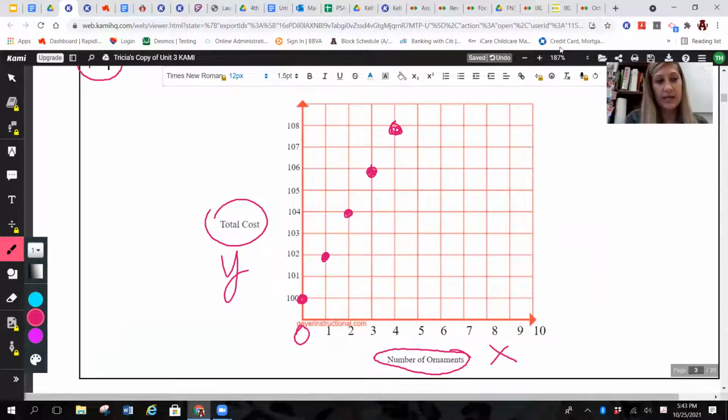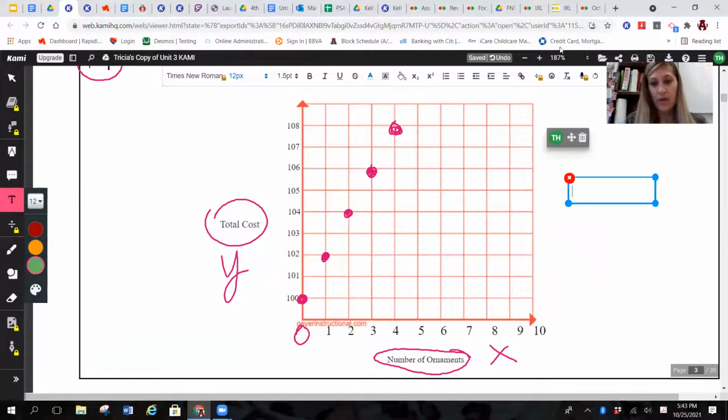Since this data can be counted, ornaments can be counted. Remember, counting ornaments is discrete. If we're counting, it's discrete and we don't connect, right?